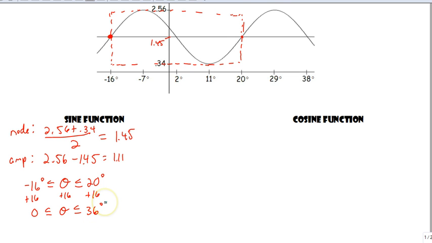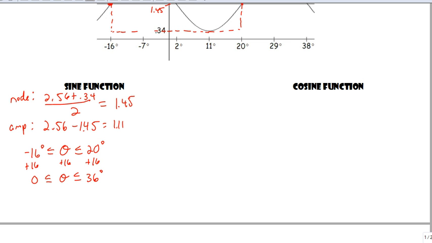So the period of this graph is 36, but we now need to get our frequency back in there. Oh, and what did I forget to write? Forgot to write theta plus 16 in here. There we go. So the last step is to get your frequency back into the guts of the problem. In order to do that, remember the first step you do is usually divide by the frequency to get this 36.